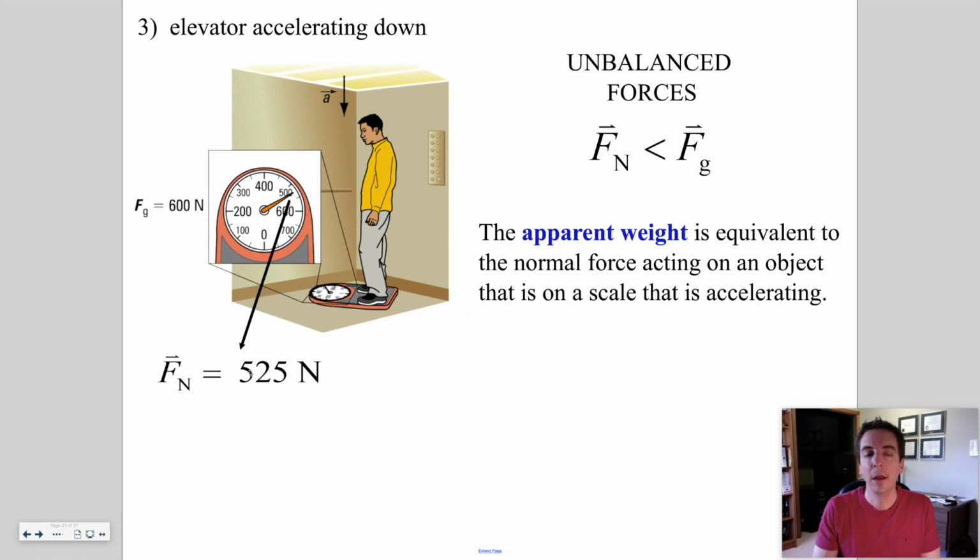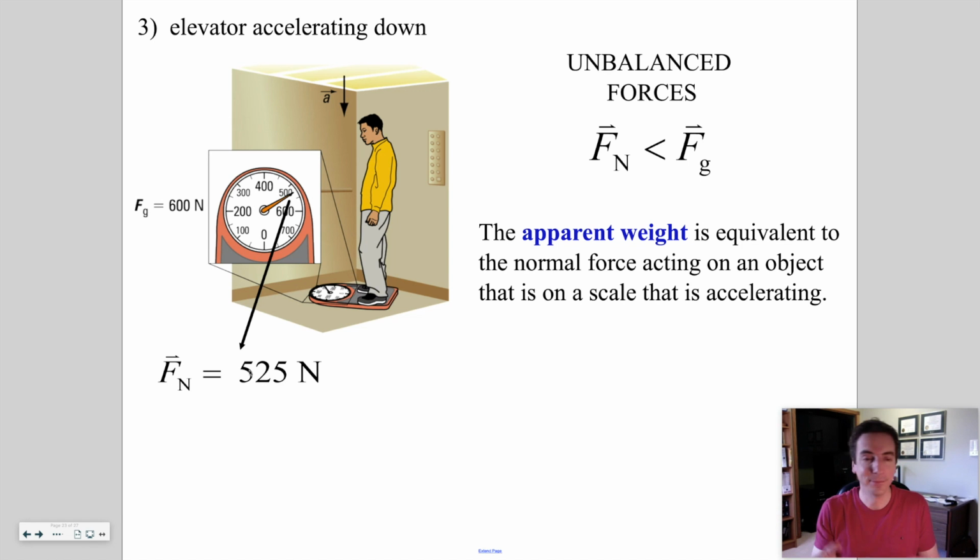What if then the elevator accelerates down? So you get on the scale in the lobby of a big building, and you press up, and while this elevator is accelerating up, the reading on the scale would increase a little bit. Let's say you're traveling up at a constant speed.